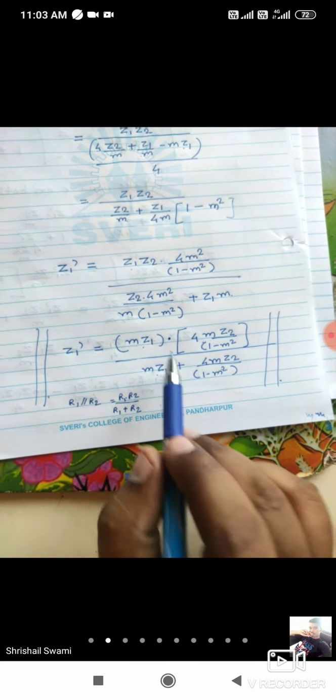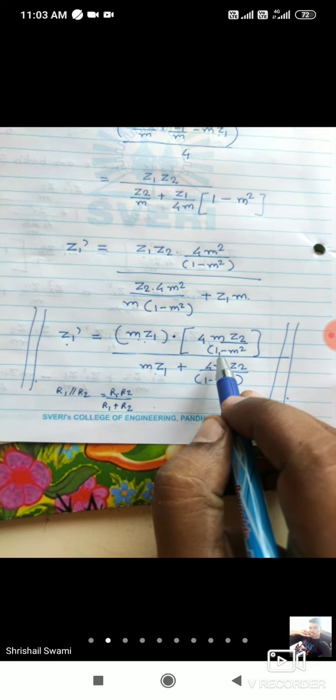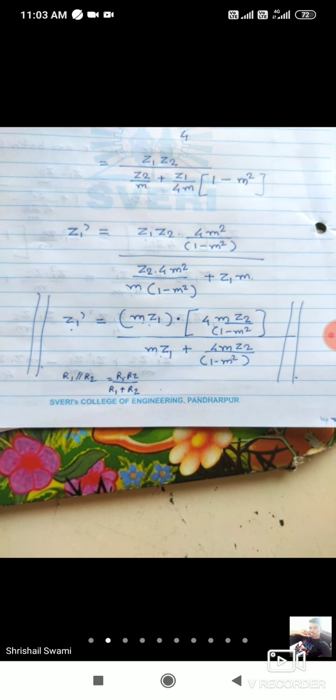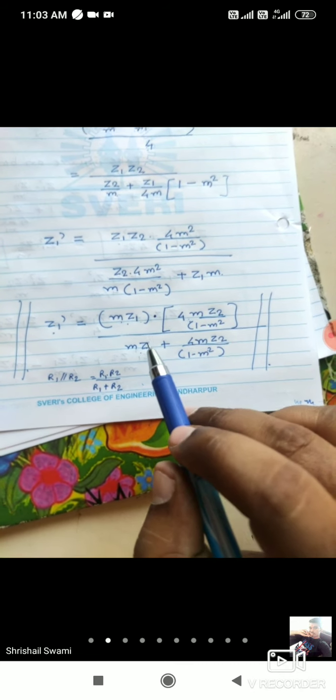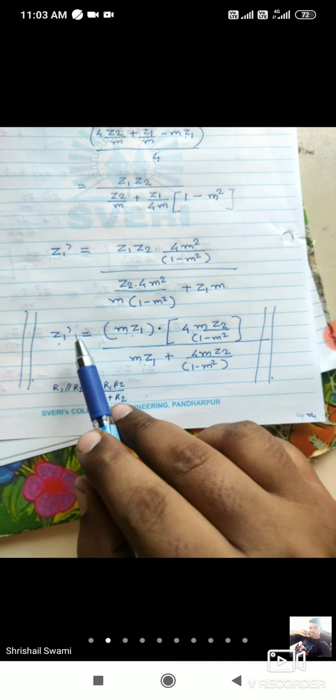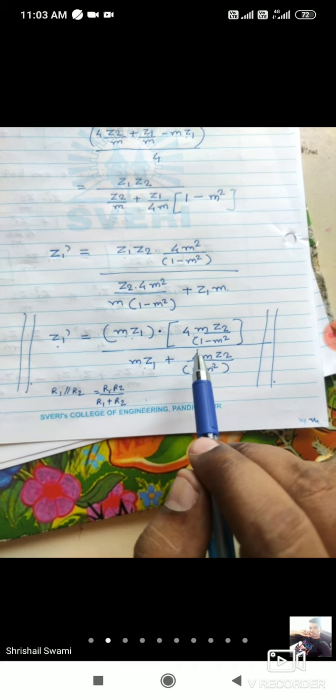Okay. So the meaning is that Z1 dash is nothing but parallel combination of these two impedances. m into Z1 is parallel with this impedance. So the series combination is in case of T section, here it will be the parallel combination. So Z1 dash is replaced by parallel combination of these two impedances.